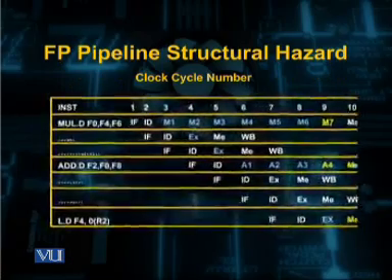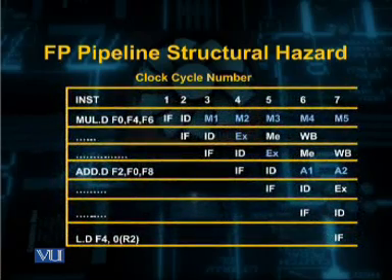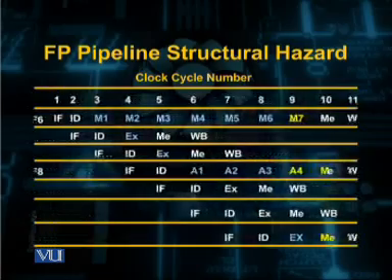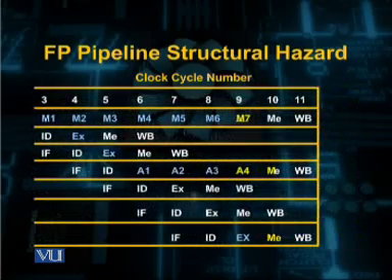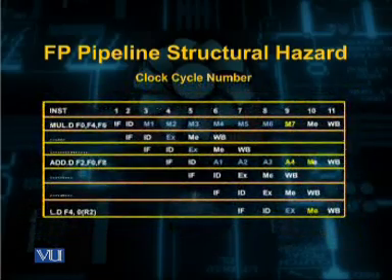We are considering three situations. The first instruction is the multiply instruction, whereas the second and third instructions may be any one. The next floating point instruction is add, and the last one is the load instruction.